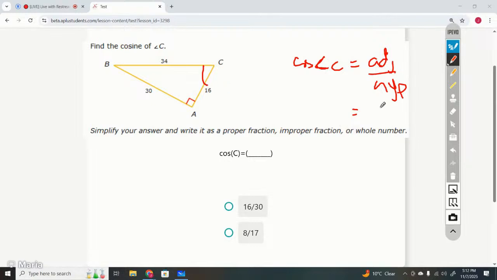So adjacent to angle C is 16 and hypotenuse is 34.